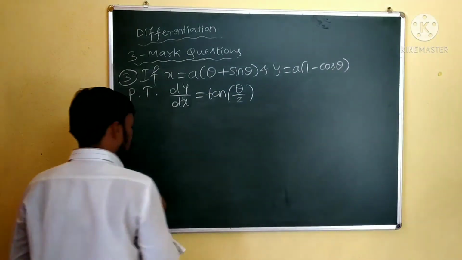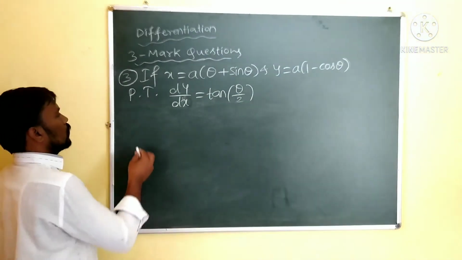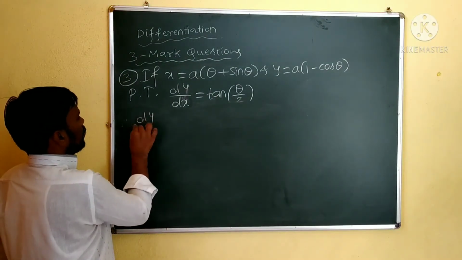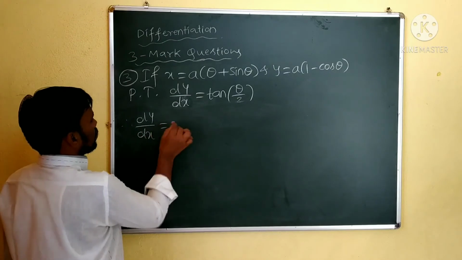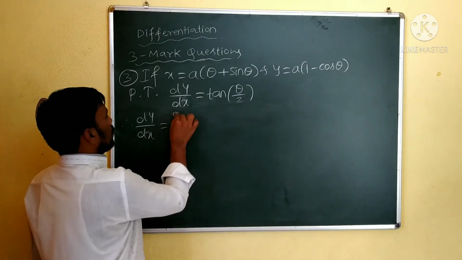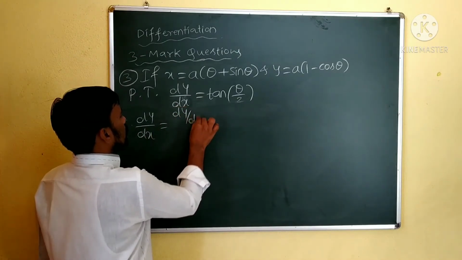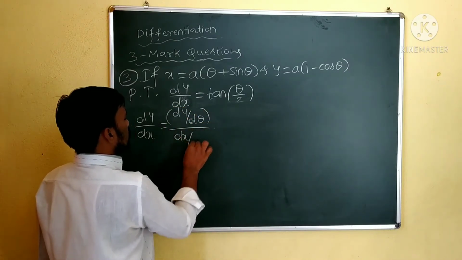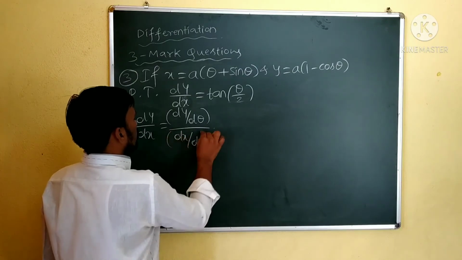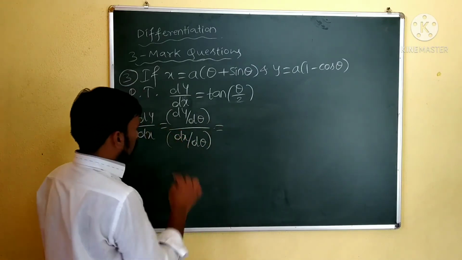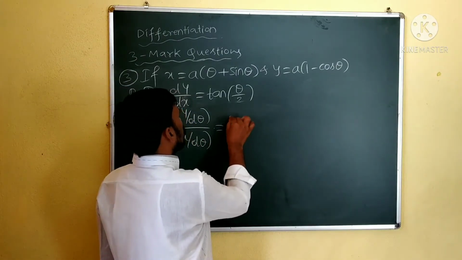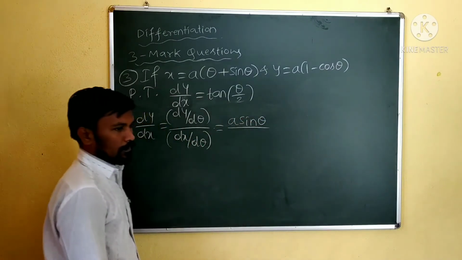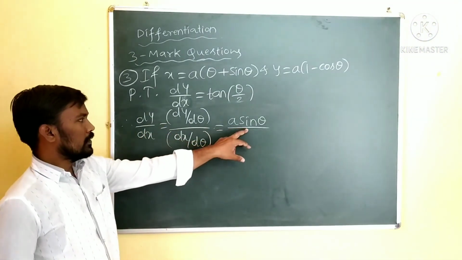So using equation number 1 and equation 2, dy by dx is dy by d theta divided by dx by d theta. dy by d theta is how much? From equation 2, it is a sin theta.